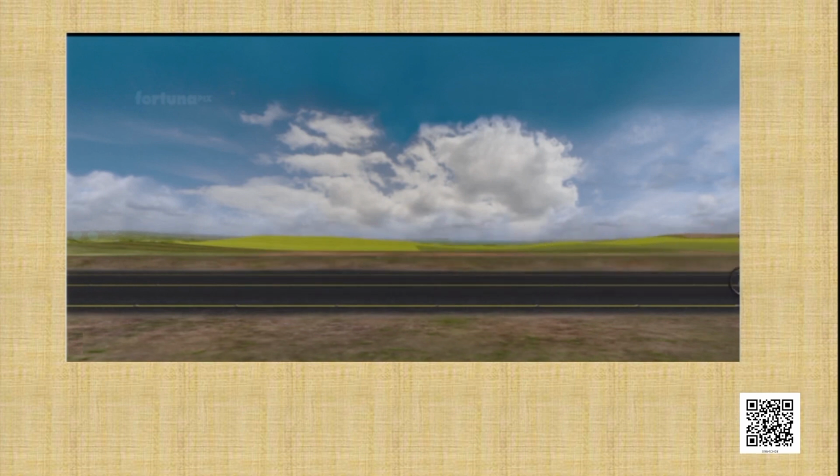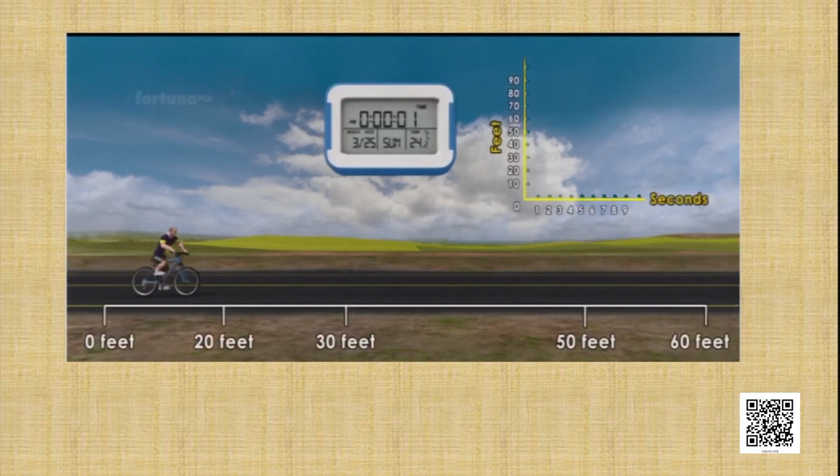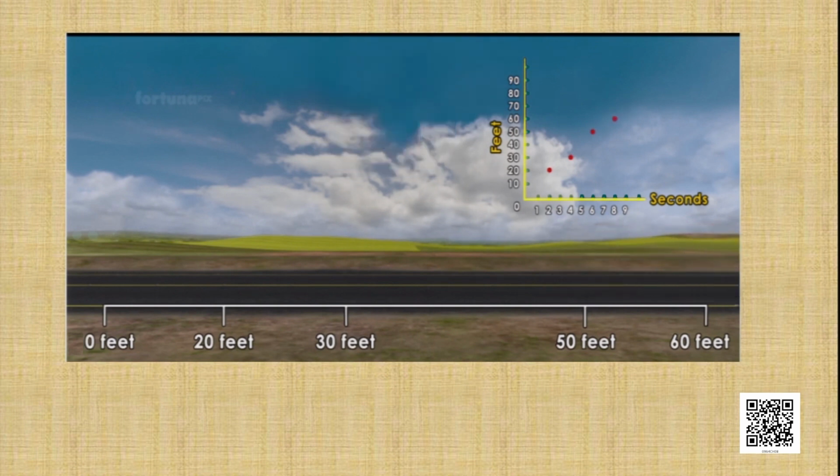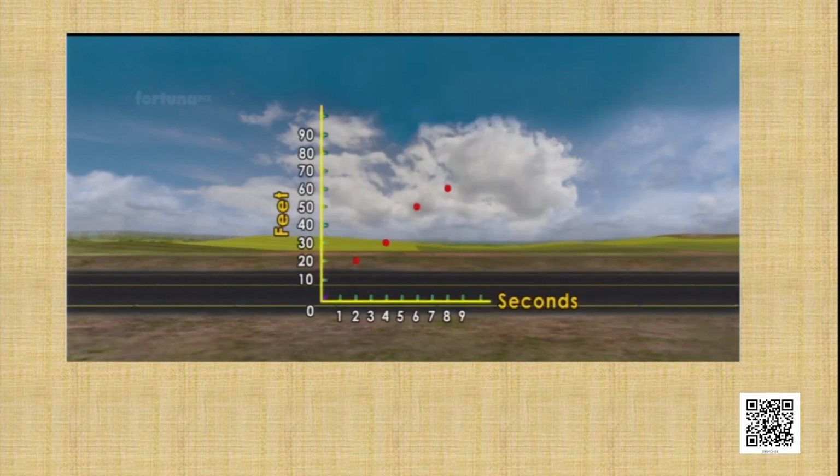Let's plot a graph for non-uniform motion. The first point will be where 2 seconds intersects 20 feet. At the second point will be where 4 seconds intersects 30 feet, 20 plus 10. And the third point will be where 6 seconds intersects 50 feet, 30 plus 20. The final point will be where 8 seconds intersects 60, 50 plus 10 feet. When we join all the points, the graph will be a jagged line instead of a straight line.